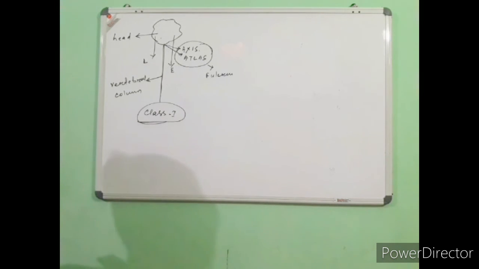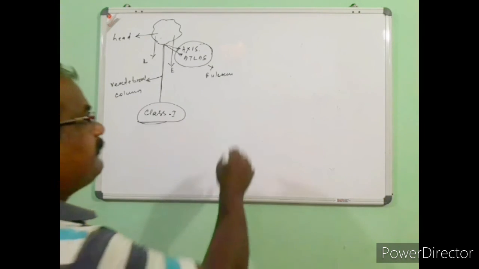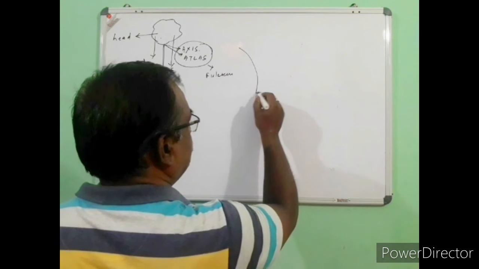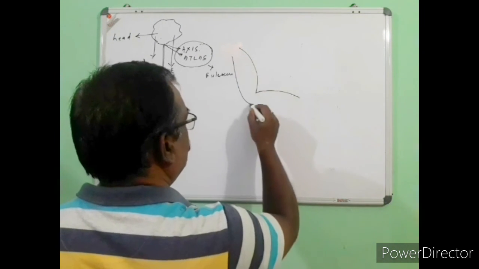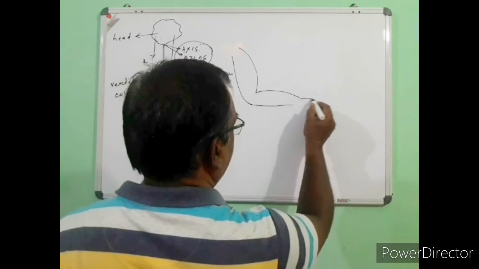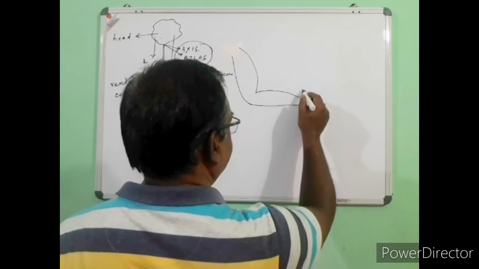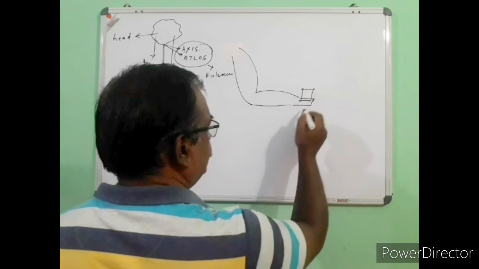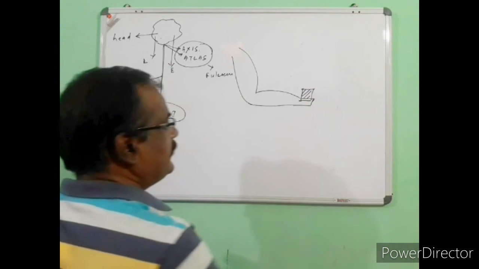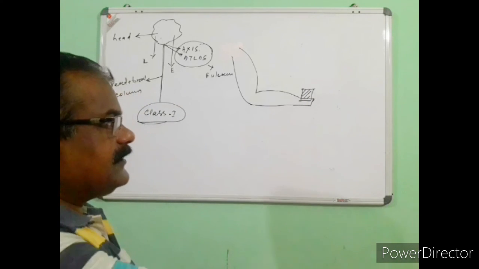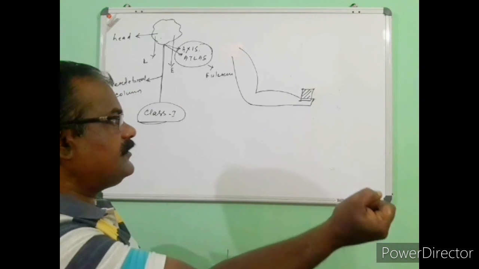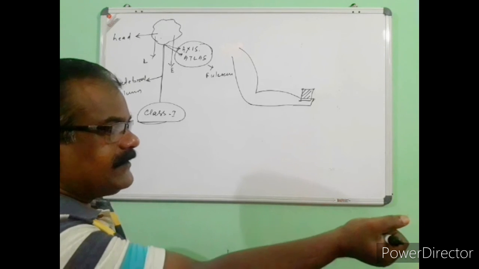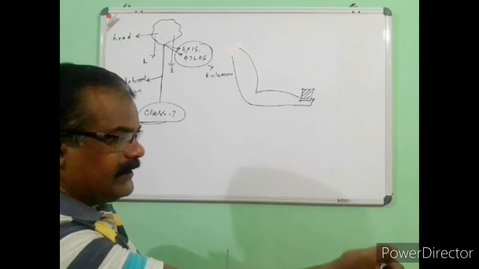Class 1 lever. Similarly, whenever a person holds something and tries to lift it by means of the hand, consider that a person has held a certain substance in the hand. Suppose this is the dumbbell that I have to lift.